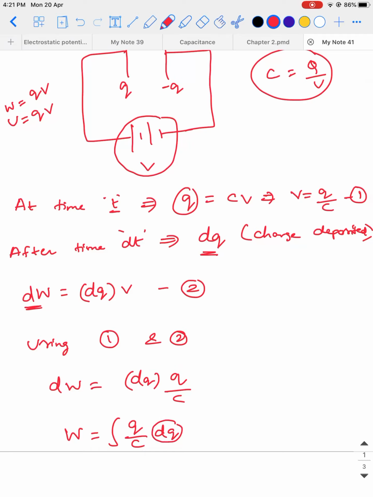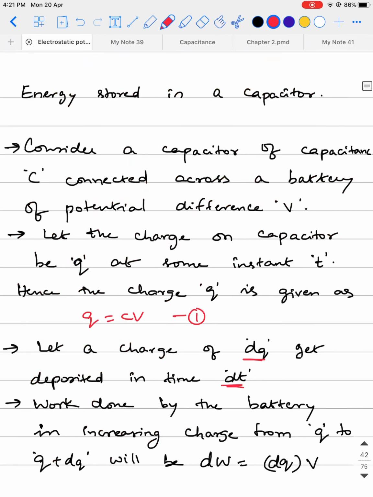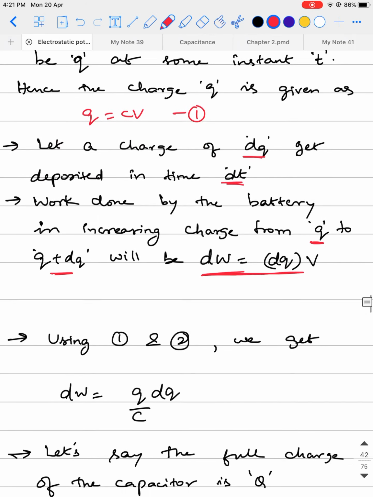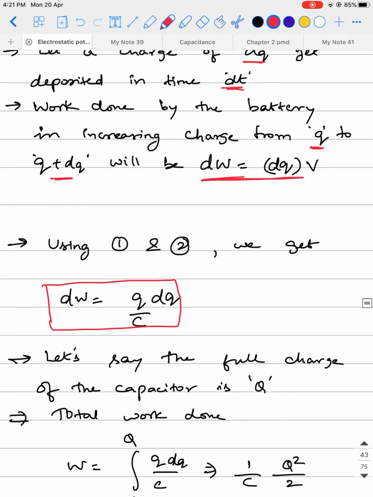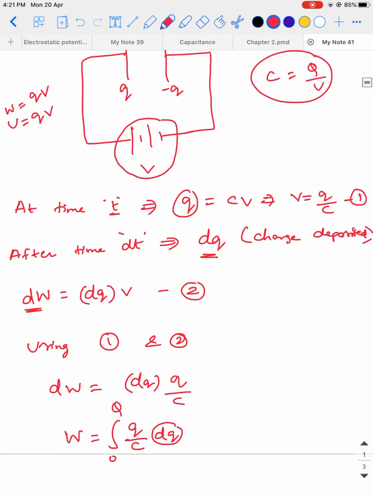Let's say initially the charge is 0 and it is completely getting charged till capital Q. The work done by the battery in increasing the charge from Q to Q plus dq will be dW is equal to dq into V. Using 1 and 2 we can write dW is equal to Q by C into dq. Let's say the full charge of the capacitor is Q, meaning it is able to store a total charge of Q. Initially it starts from 0 and goes to Q.